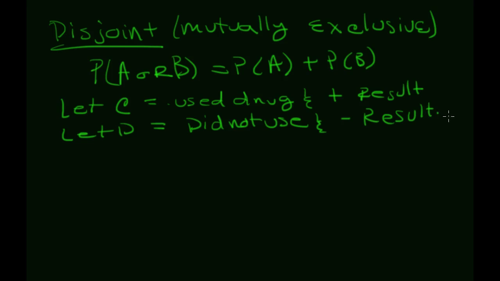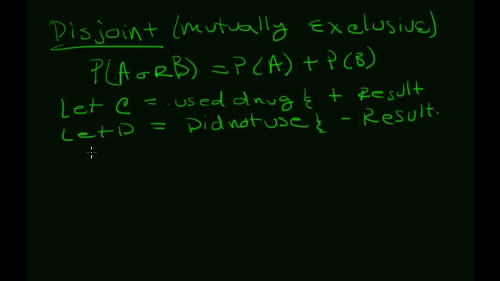Okay, so these groups are mutually exclusive. You cannot be in both groups because either you did use drugs or you did not. You either got a positive result or you got a negative result. There is no overlap between these groups. This is essentially the two groups that got true readings on the drug test.